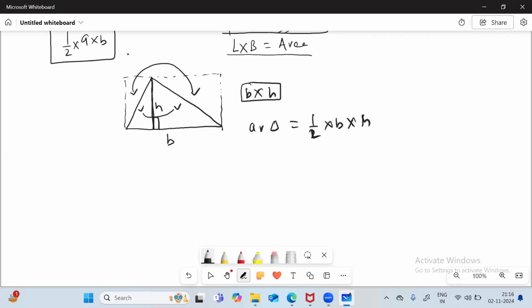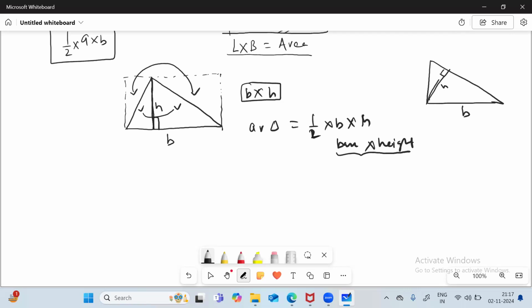You just need to remember here that this base and height are corresponding to each other. I'm giving you the restrictions also here because sometimes your question will be based on this. So if there is a triangle which looks like this, and let's say this particular side B is given, and a perpendicular H is also given.